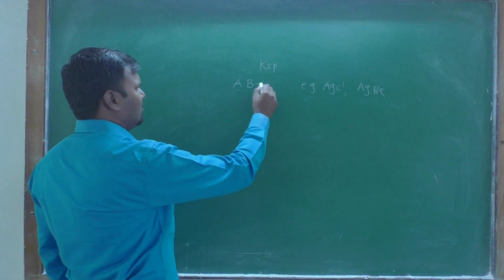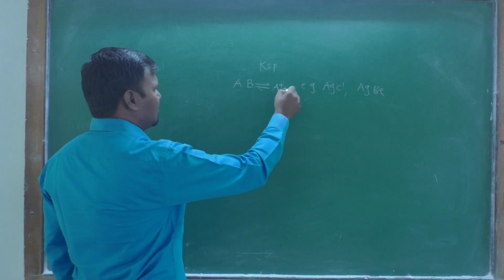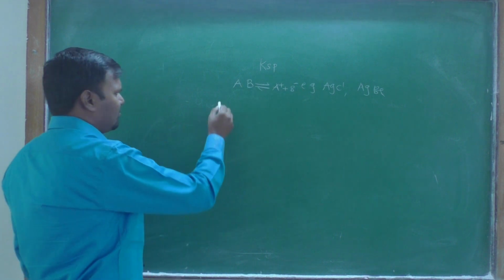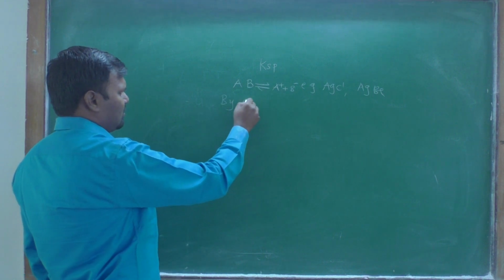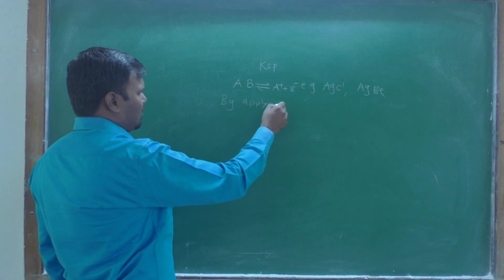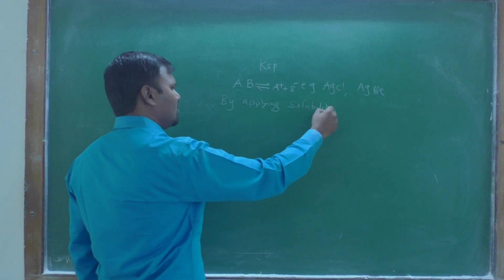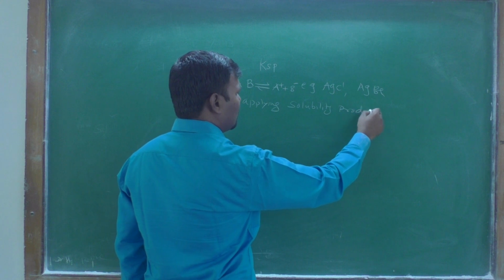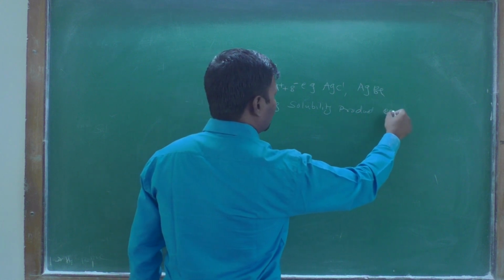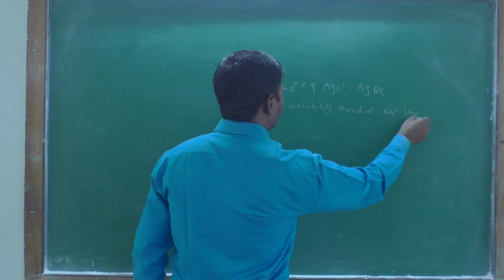AB gives A+ and B-. Therefore, by applying the solubility product law, the equation, that is the solubility product.